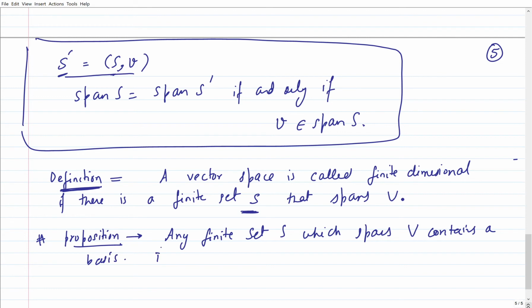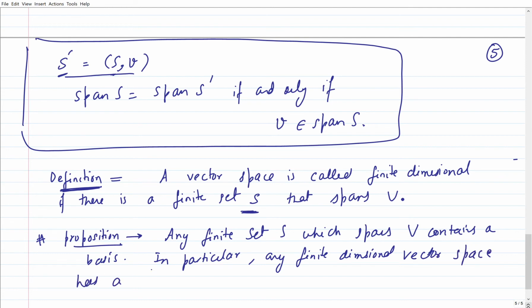So in particular, any finite dimensional vector space has a basis.